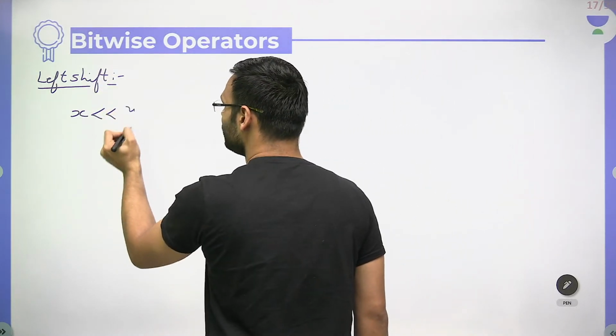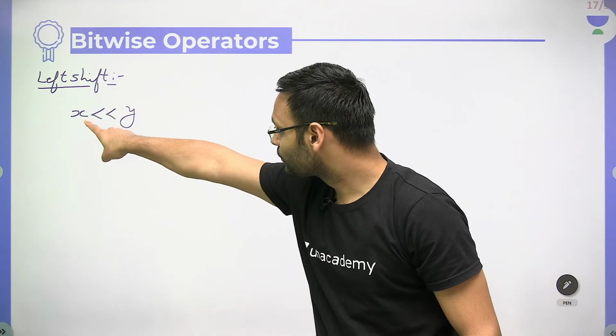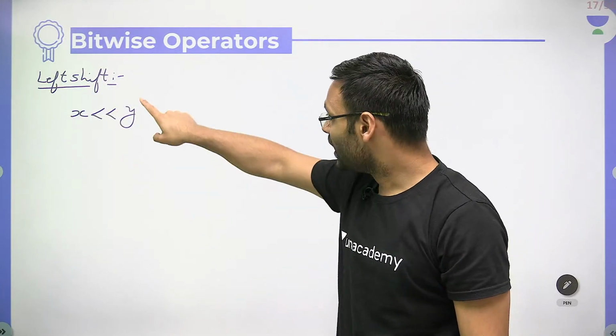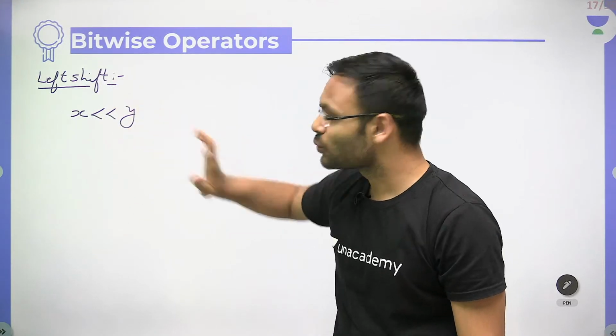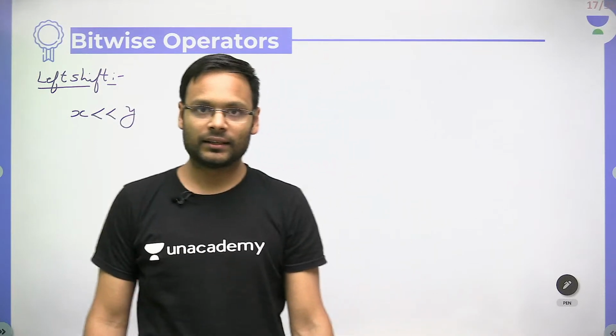And what will be the meaning? You have x as the operand, the binary value of x, and I have to shift each and every bit to the left side y times. So y times every bit will be shifted this way.